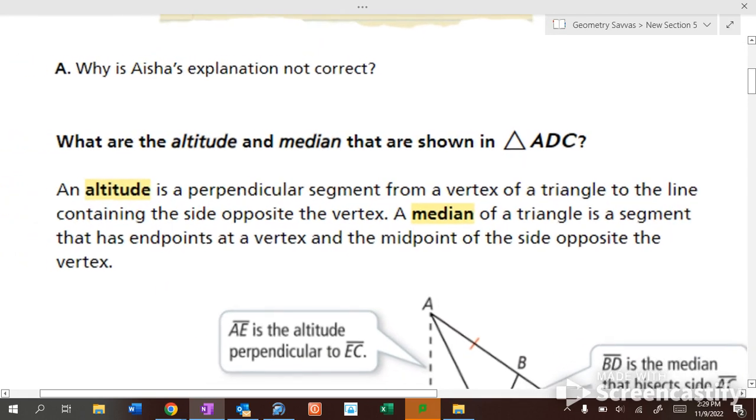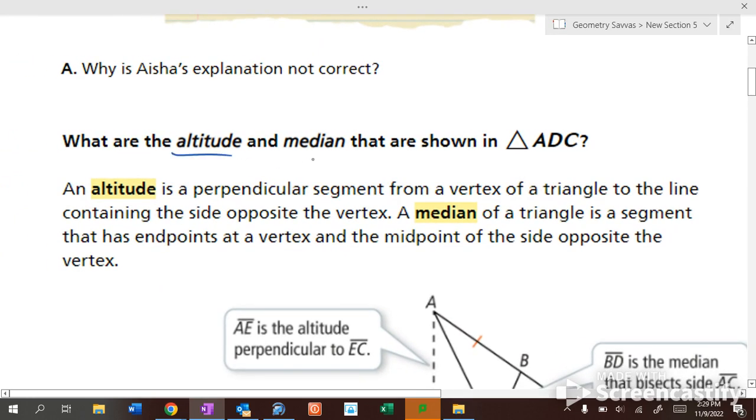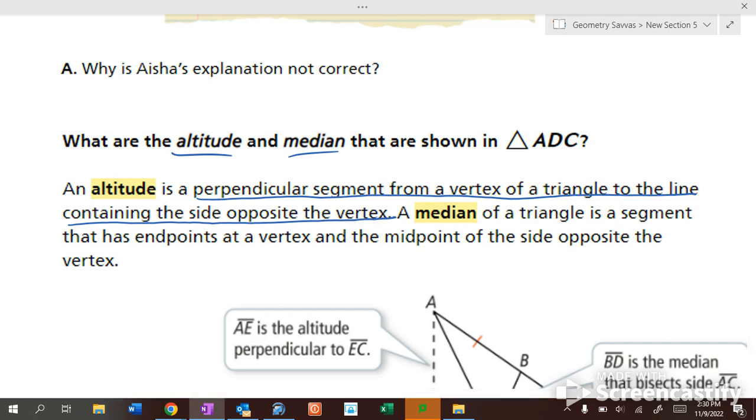Okay, so what are we talking about today? Well, we're talking about an altitude and a median. An altitude is a perpendicular segment from the vertex of a triangle to a line containing the side opposite the vertex.